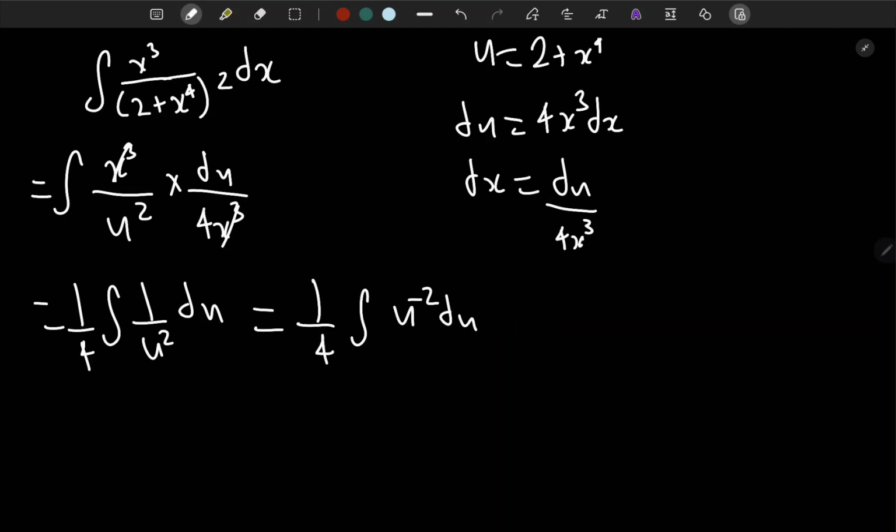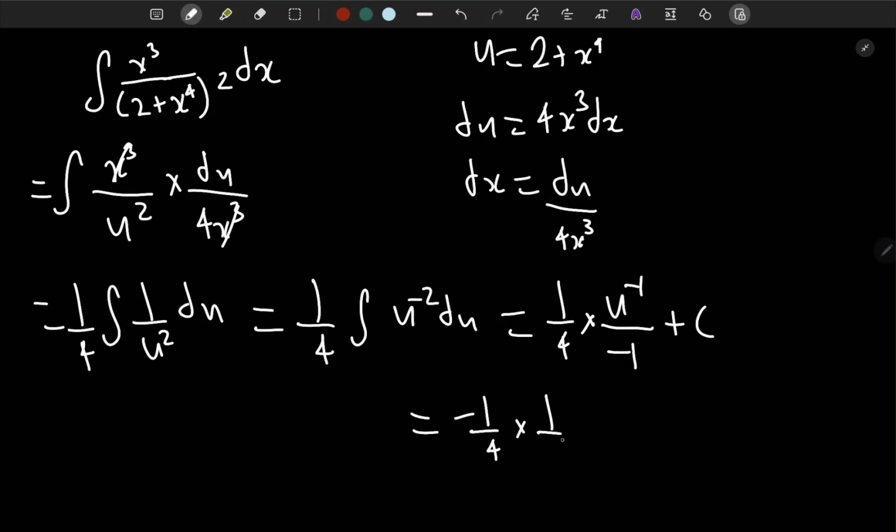And now we can just integrate this normally, so we'll get 1 over 4 outside, and we will get u to the power of negative 1 over negative 1 plus c, and simplifying this more now, so it's going to be negative 1 over 4 times 1 over u, and we can substitute u as the original value, so it's going to be 2 plus x to the power of 4 plus c. So this is the final answer now.